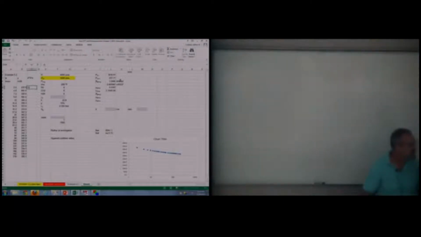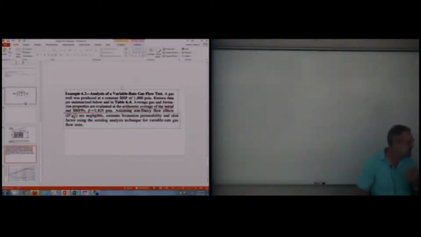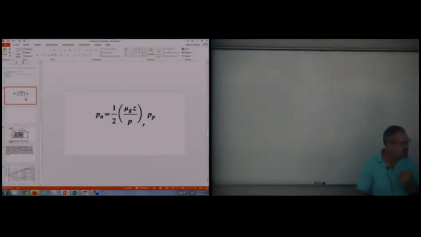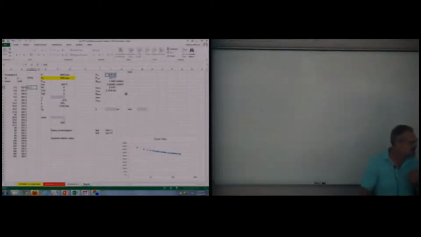My delta P is given in the problem. There's apparent, remember this is the pseudo pressure multiplied by a constant. Here in the textbook they call it normalized, but here in the problem they're calling it apparent. They're giving us those numbers though.